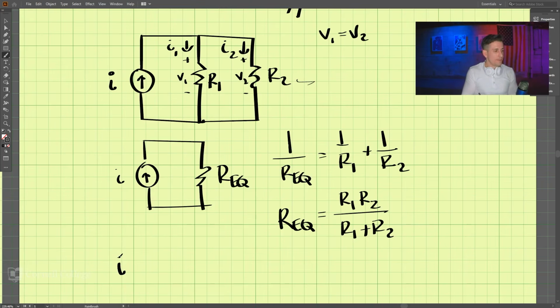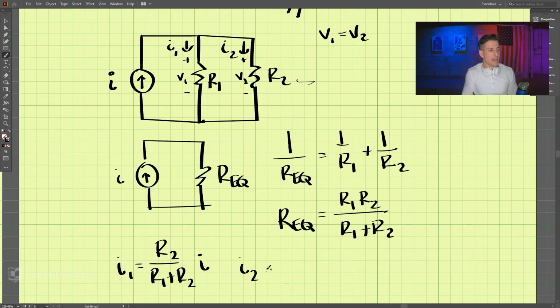So I1 is equal to R2 over R1 plus R2 times I, this I. So we need to use the opposite resistor.